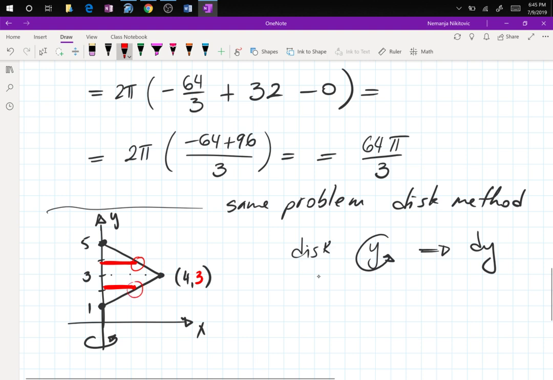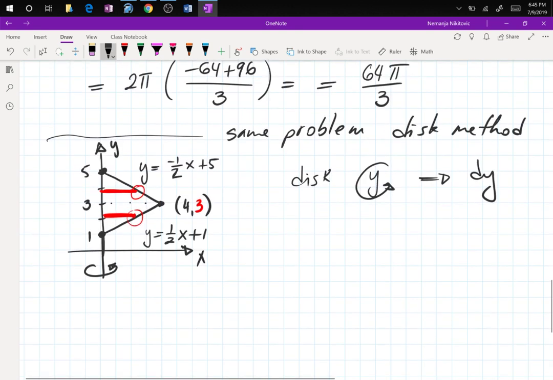That one is writing the function on the bottom, and then writing the function on the top is two different functions. Now we know that the bottom function was y equals 1/2 x plus 1, and the top function was y equals negative 1/2 x plus 5. Now both of these are useless to us in terms of x because our integral must be in terms of y, so we have to flip these and make them x equals everything else.